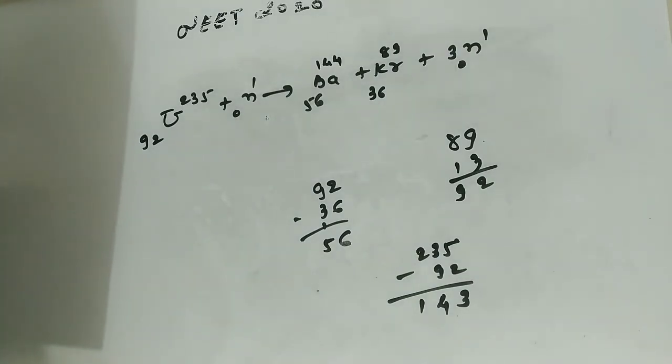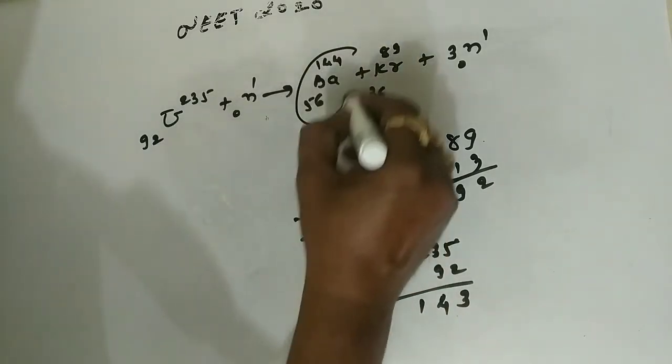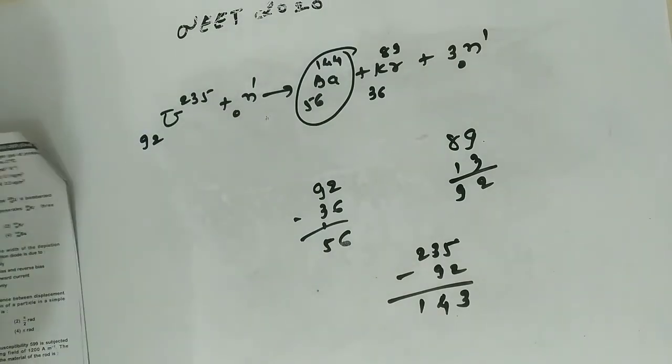Now this is our equation, and your option is the fourth option, right? This is our option.